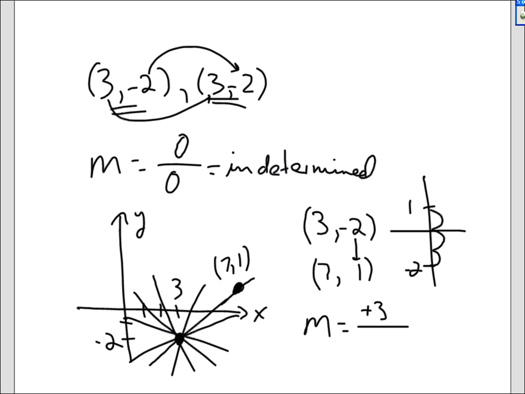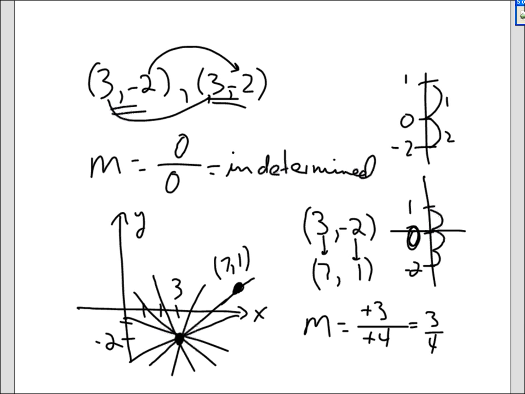You went 2, and you went 1, you went up 3. And then if you go from 3 to 7, in the x's, you went up 4. So the slope is 3/4.